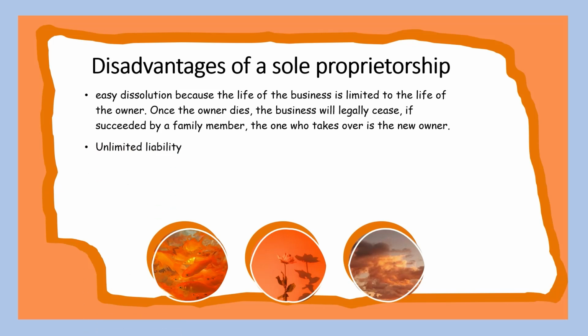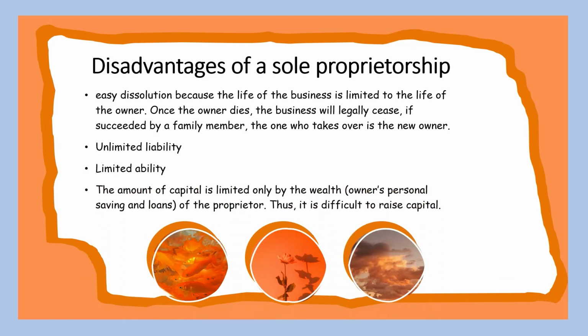In a sole proprietorship, there is also unlimited liability, and it has a limited ability. The amount of capital is limited only by the wealth, that is, the owner's personal savings and loans of the proprietor. Thus, it is difficult to raise capital.